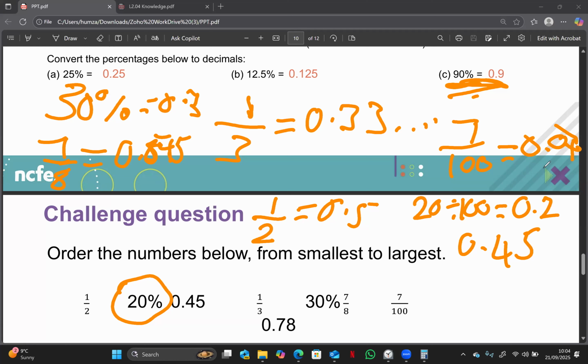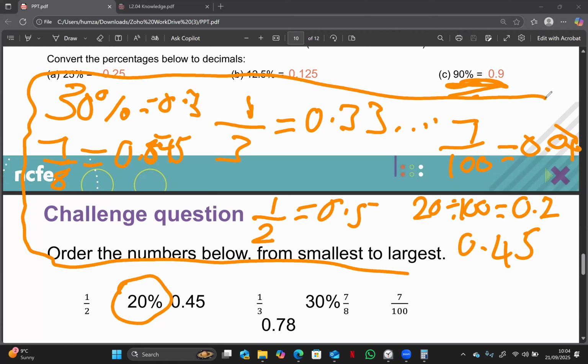No, that's 0.5. 0.5 is bigger than 0.2, isn't it? Oh yes, it is. So what's the smallest? Look all around what I've done.